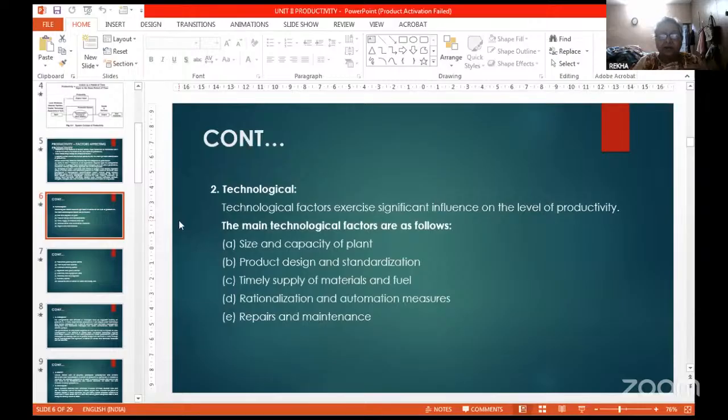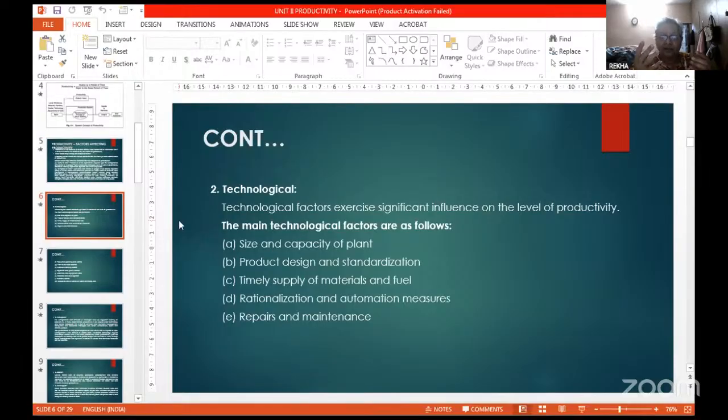The main technological factors are as follows: size and capacity of the plant, product design and standardization, timely supply of materials and fuel, rationalization and automation measures, repairs and maintenance. So it is not only having the technology, but what is the size and capacity.